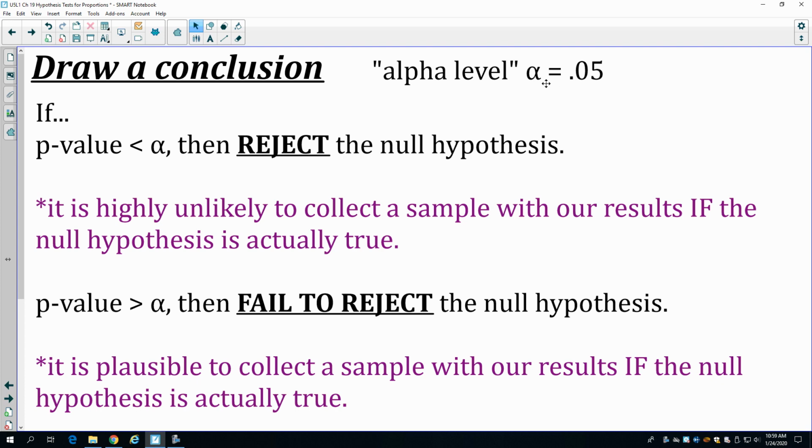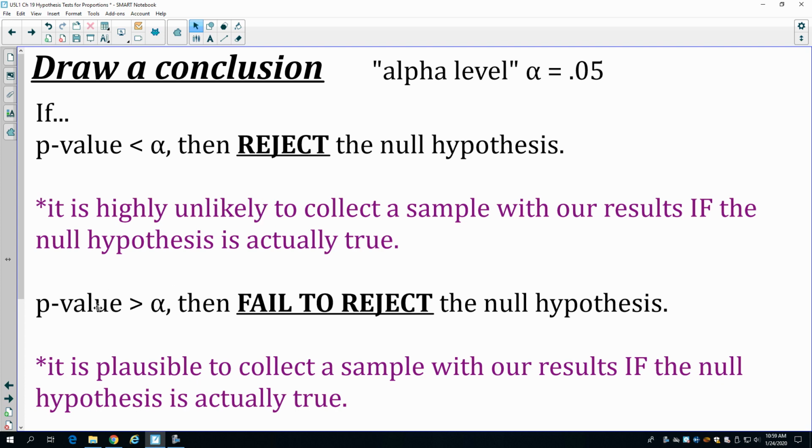We'll typically compare ours to an alpha level of 0.05. So in our case, we're going to compare 0.232 to 0.05. If our p-value is less than 0.05, then we reject the null hypothesis. That means it's very unlikely, if the null hypothesis was true, that we would have gotten the sample result that we did.